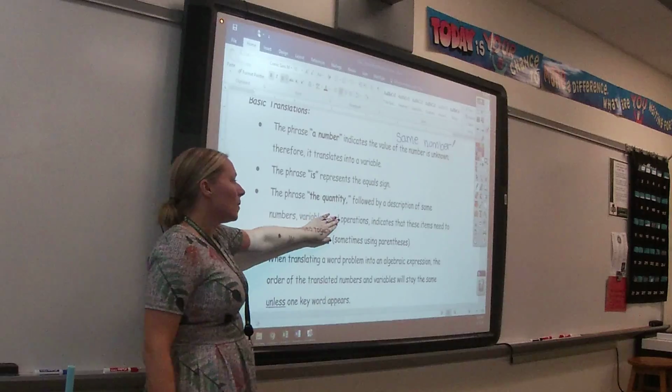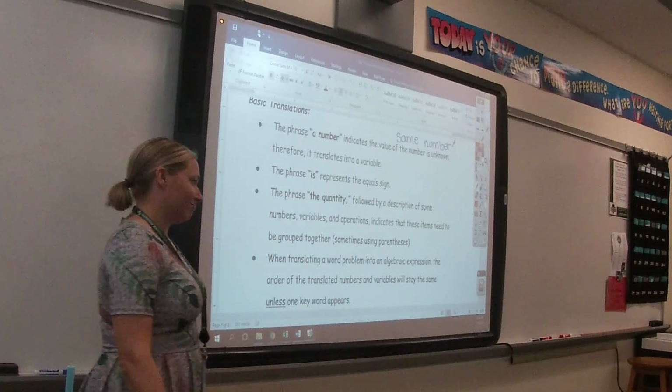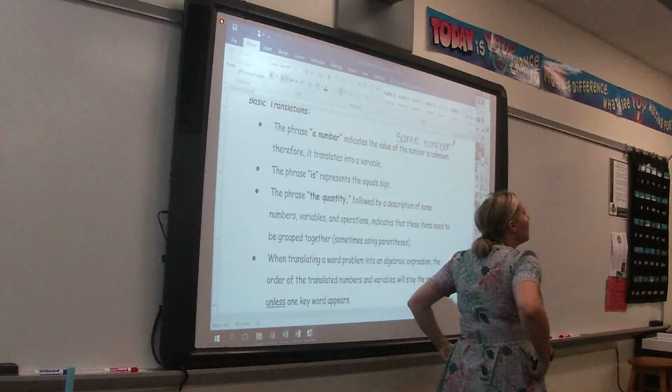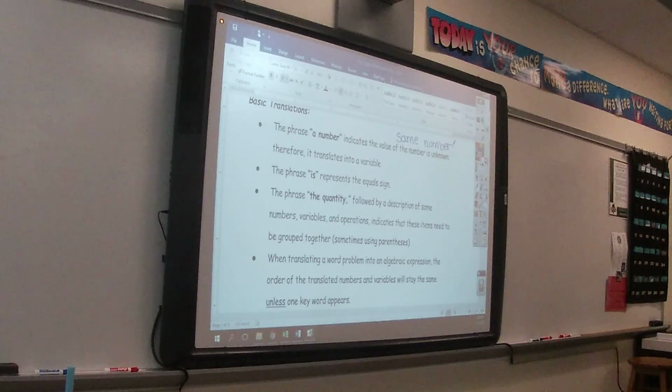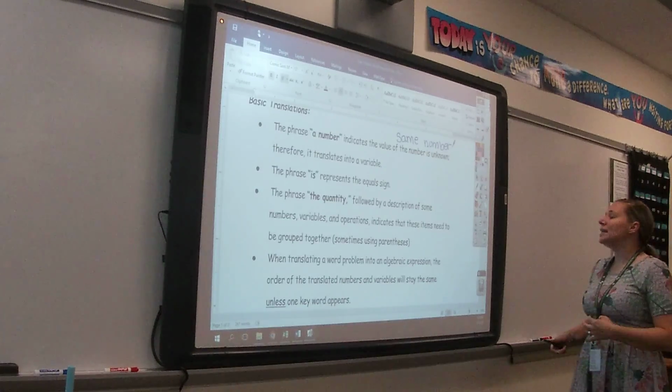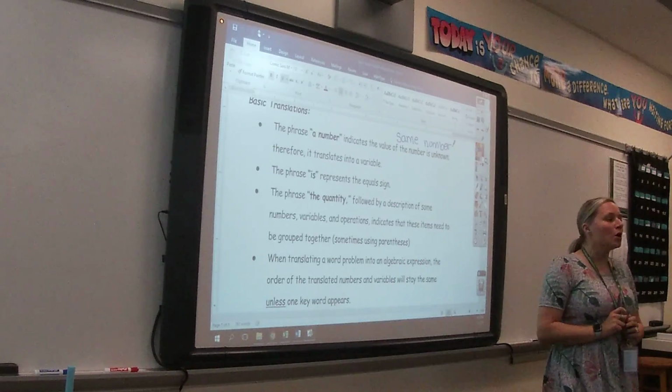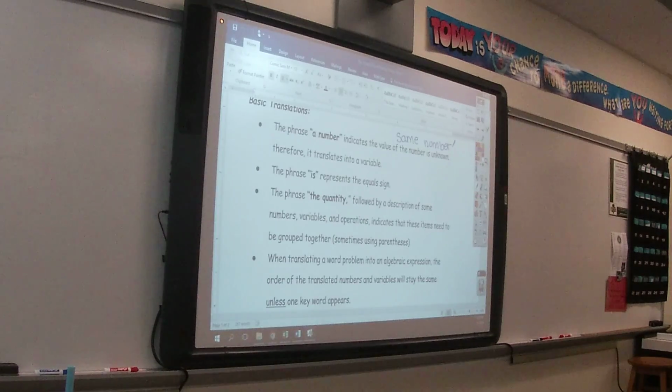Here's a tricky one. The quantity. Okay, if we read the words the quantity, followed by a description of some numbers, some variables, operations, it can sort of have whatever, that indicates that we need to group those things together. Okay, we group things together with parentheses.